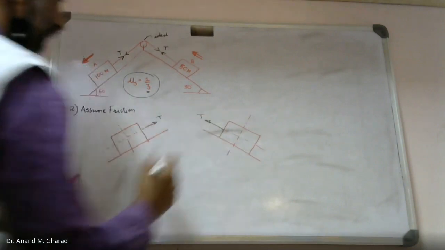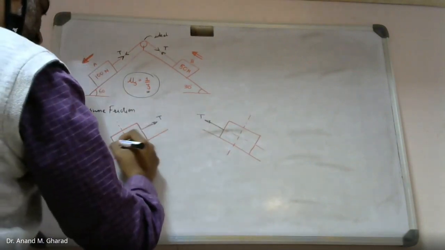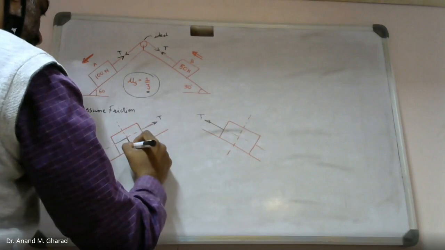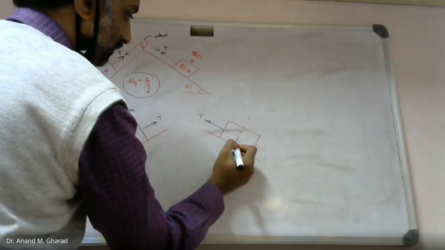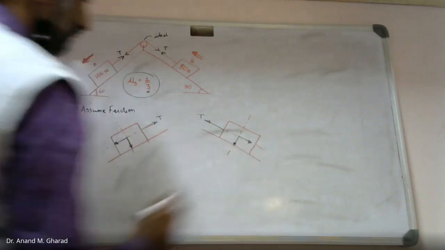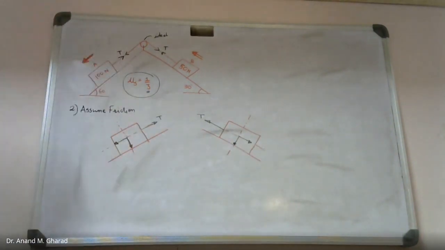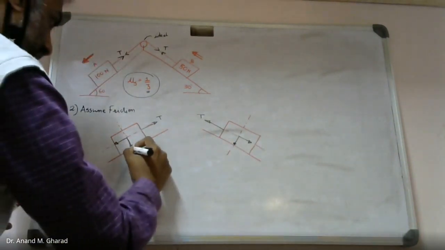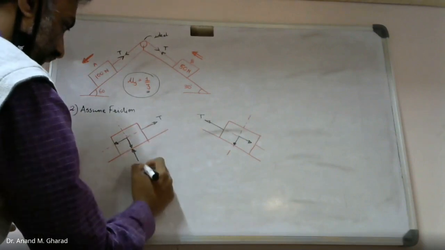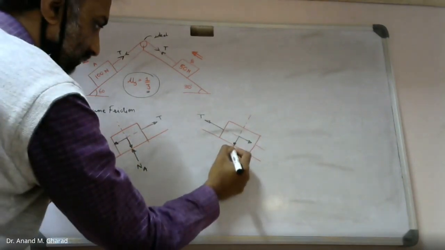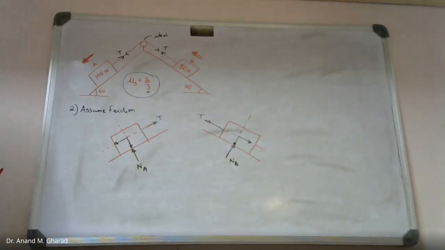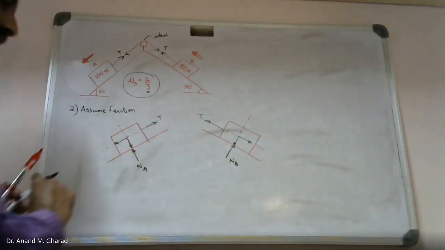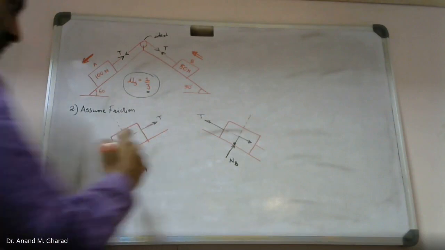T, T. Now these T values will vary. I have drawn the components directly instead of the self weight. This is now the NA. This is NB. Correct.